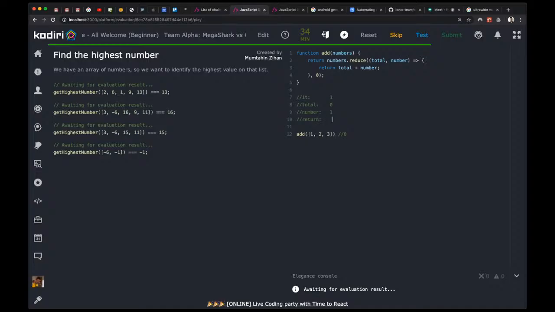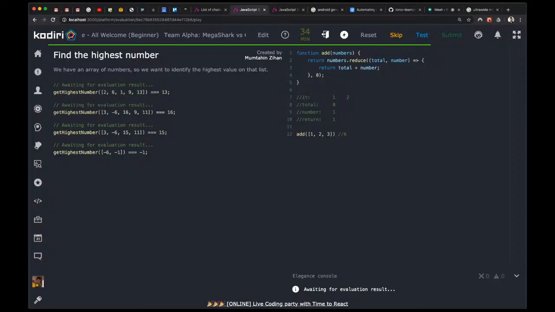What do we return on the first iteration, Max? Why 1? Is the number that is found on the first iteration. Well, the answer is right, but it returns 1 because we are returning the result of adding the total, 0, plus the number, 1. So we return 1.